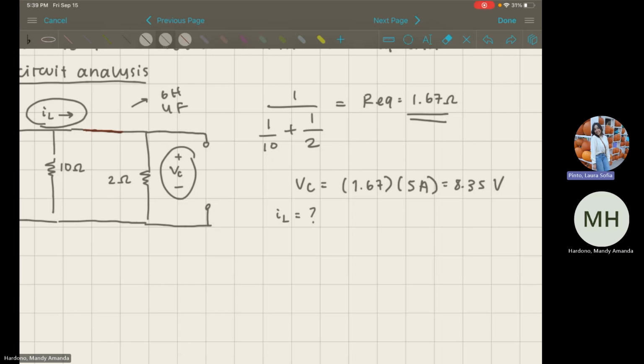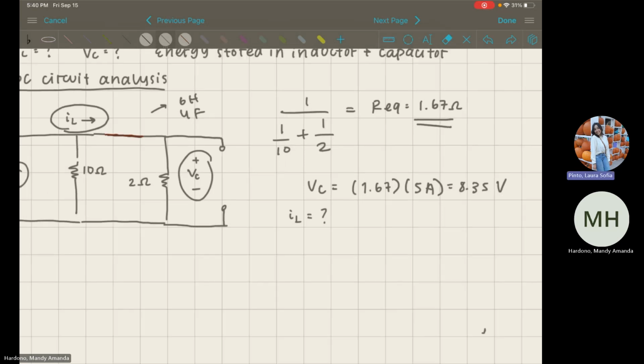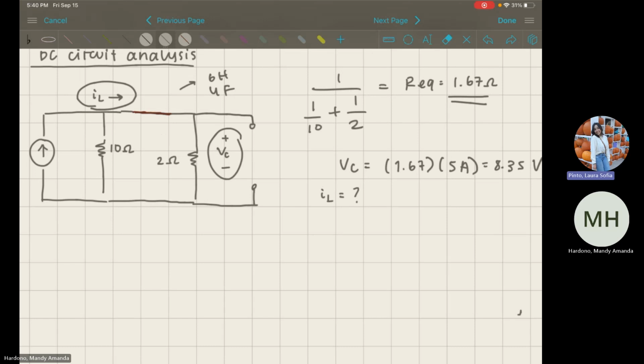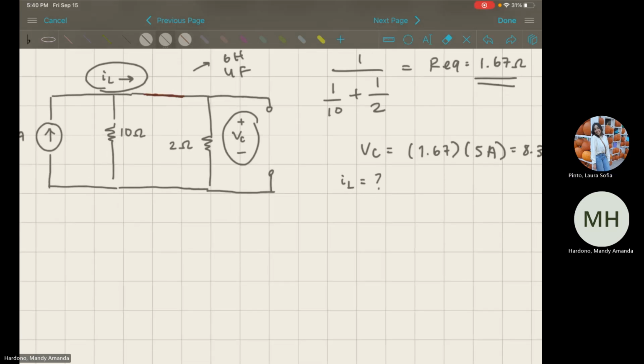8.35 divided by 1.67. Would that give us the current going through the inductor? What was 1.67? That was REQ.